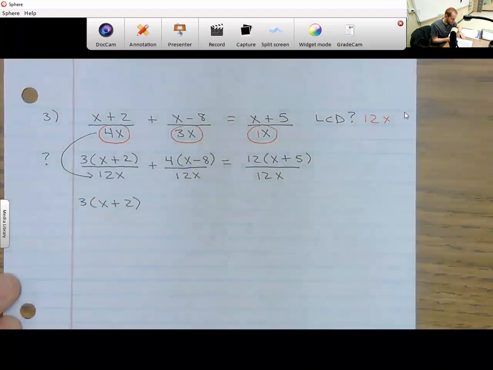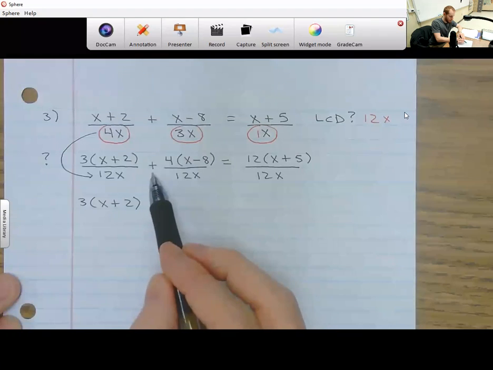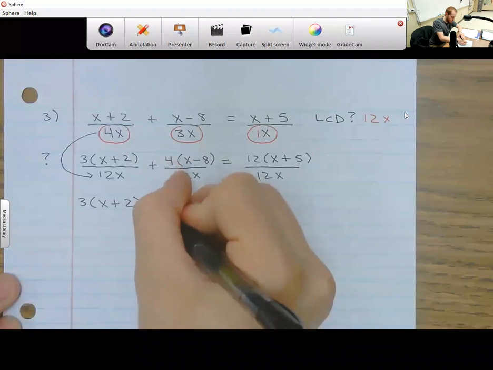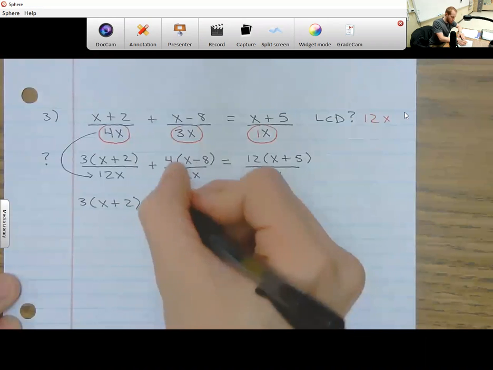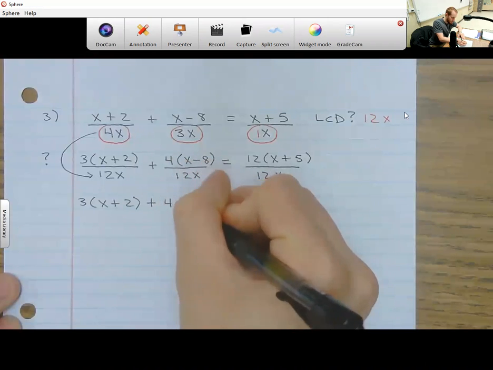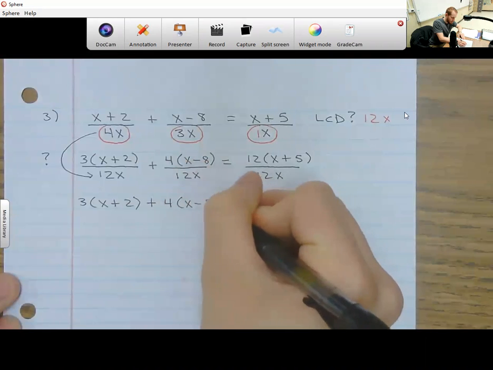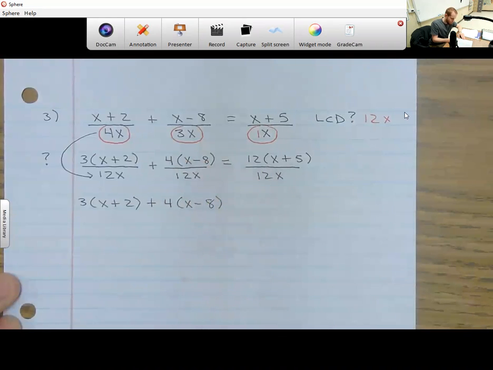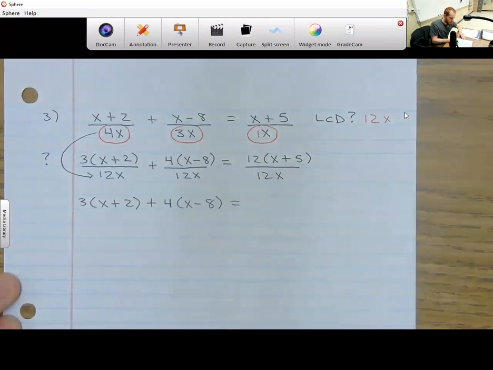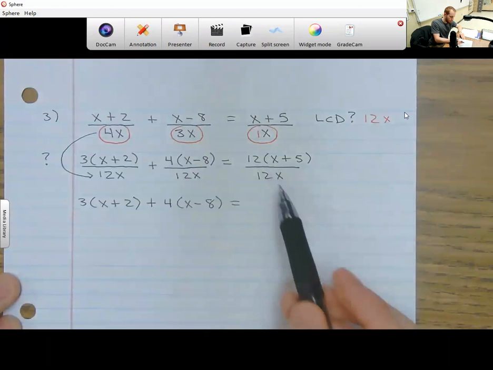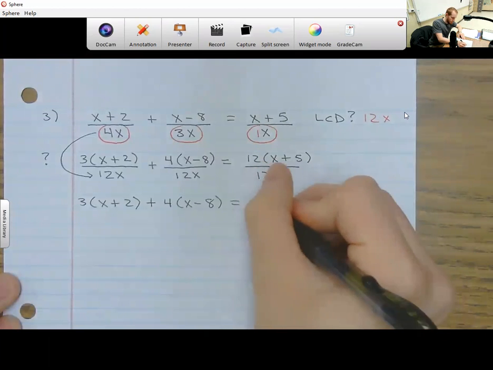Okay? I bring down my plus symbol. The top of this fraction is 4 times x minus 8. And then I bring down my equal sign, right? And then the top of this fraction is 12 times x plus 5.